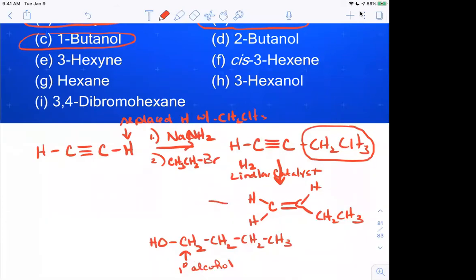What if I do hydroboration and then oxidation, which is NaOH, H2O2, and I end up with that alcohol? Well, this is anti-Markovnikov because this is the least substituted carbon that my OH ends up on. So I have to use hydroboration.